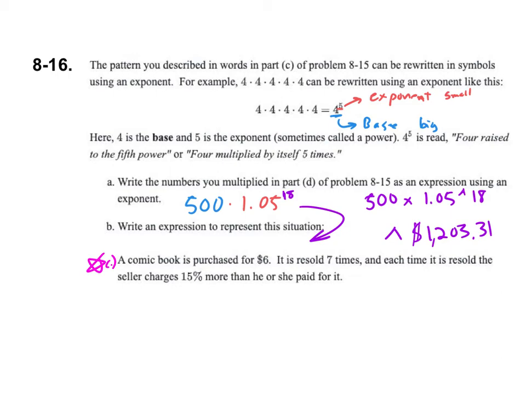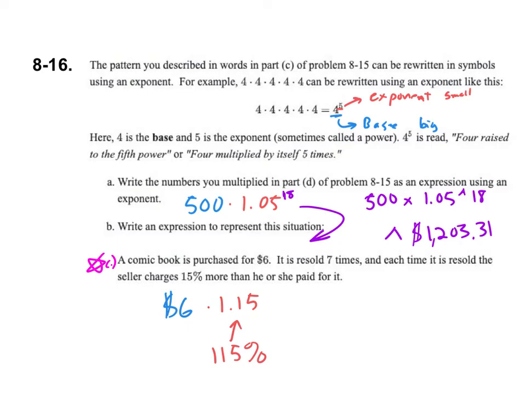So the original, that kind of principal investment was $6, and then they're selling it for 15% more than the previous. Well, so they're selling it for the previous value, which is 100%, and then plus that 15. So they're actually selling it for 115% of the original cost, which is equal to 1.15.